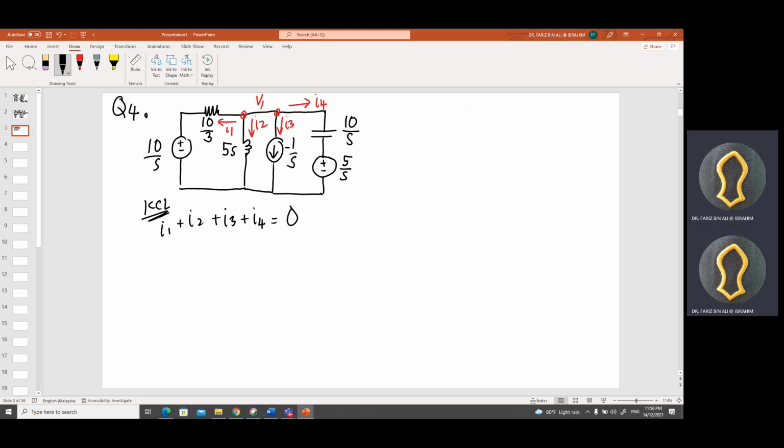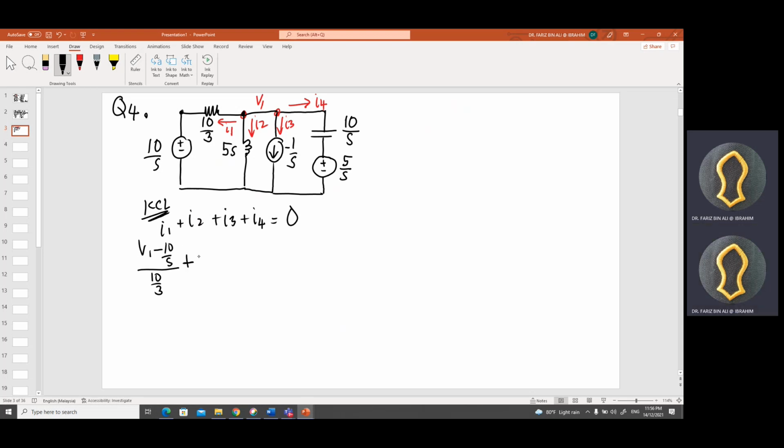My I1 is the current that flows between this node and this supply here, and you have to divide by the impedance here, 10 over 3. My I1 is V1 minus 10 over S, divided by 10 over 3.